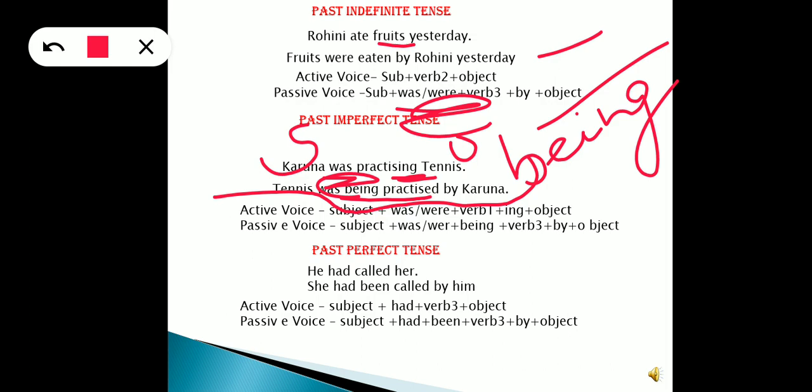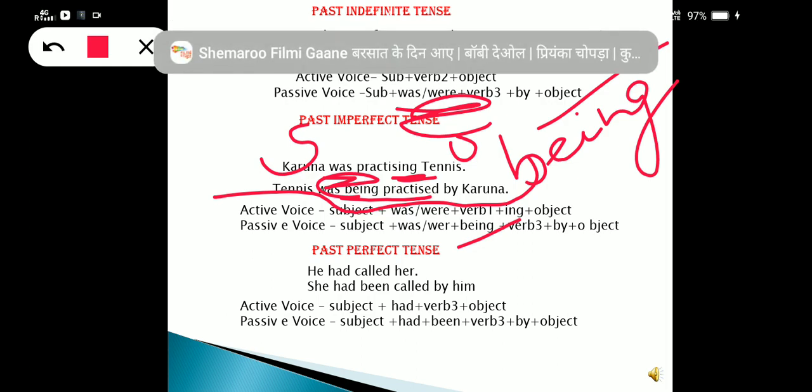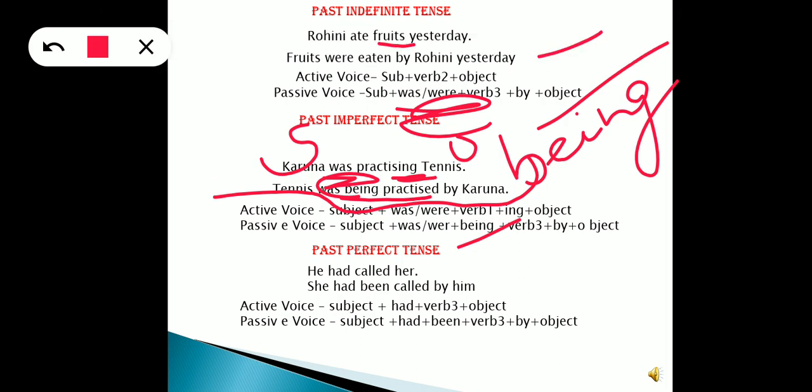Okay, now past perfect tense. As I told you, with has, have, you only need to add been, as we added being while dealing with continuous. In the same manner here, when had is present as a helping verb in the sentence, we will simply add been, and other rules we will follow, and easily we can convert active into passive.